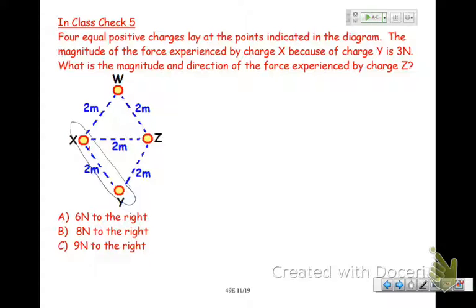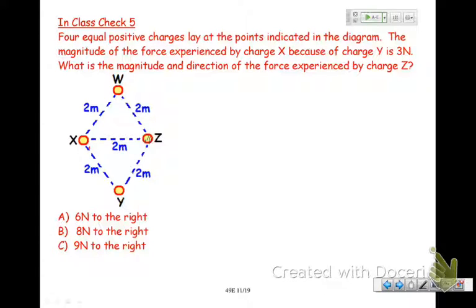They're all positive. That's a piece of information, not really part of my problem, because it asks for the magnitude and direction of the force experienced on charge Z, the charge I'm really interested in. What it said was, when you're 2 meters away, you cause a force of 3 newtons.